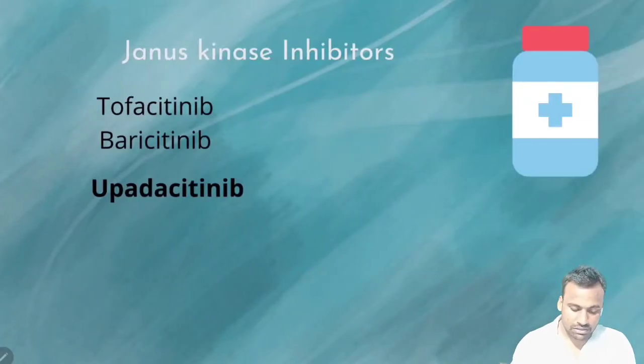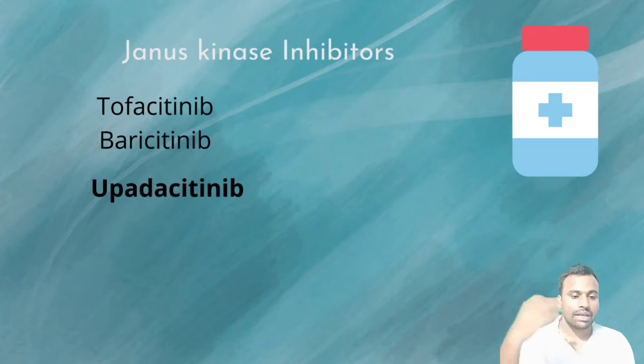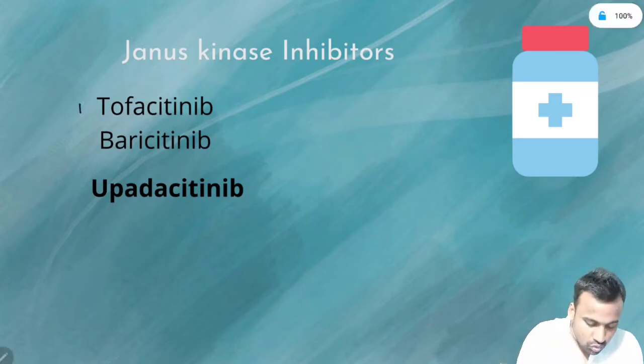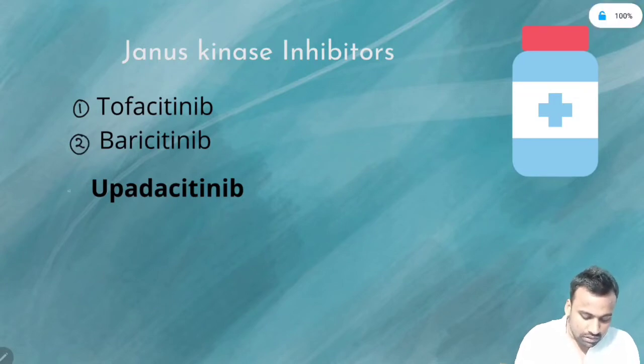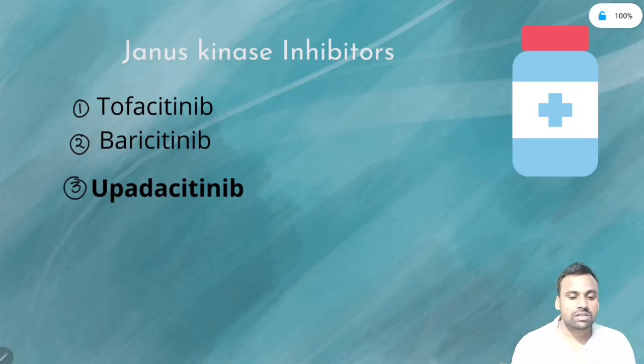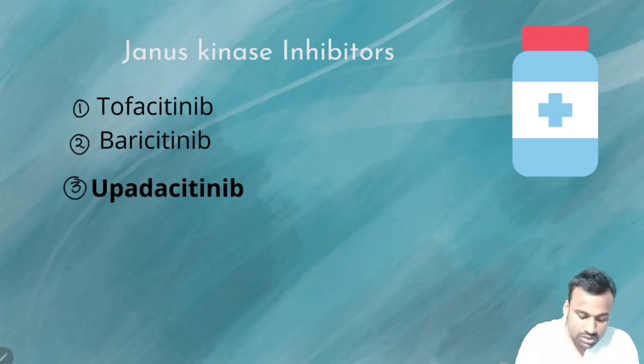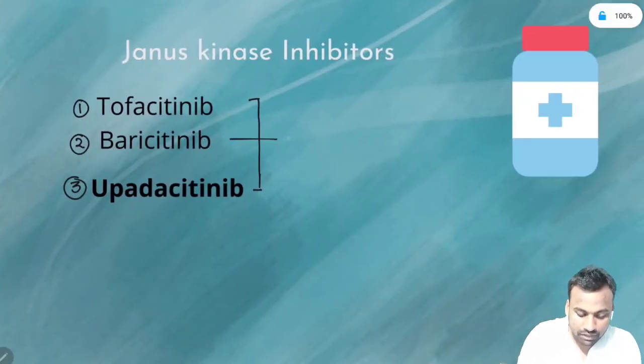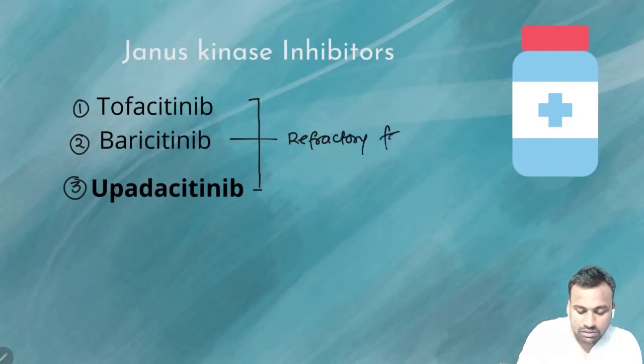In the next section you can study the others, the Janus kinase inhibitors, mainly drugs like tofacitinib, baricitinib, and also upadacitinib. These Janus kinase inhibitors are mainly used in refractory forms of rheumatoid arthritis.